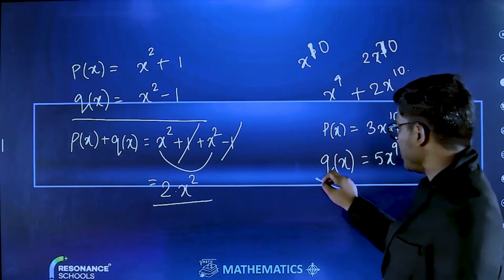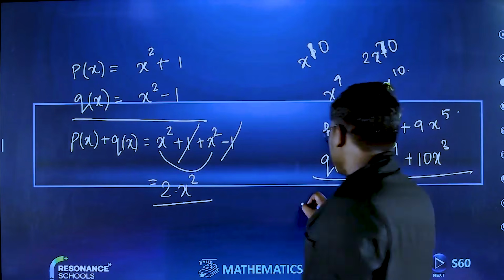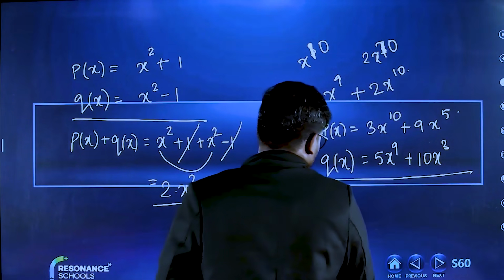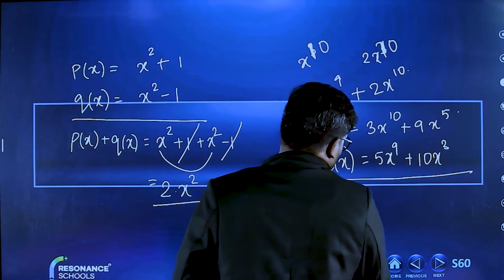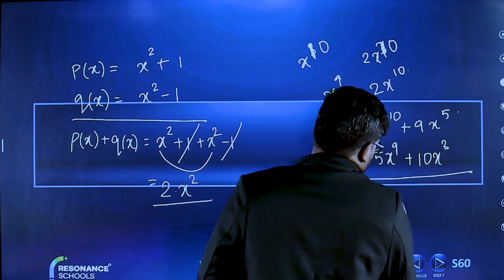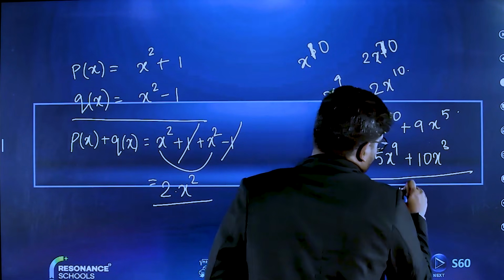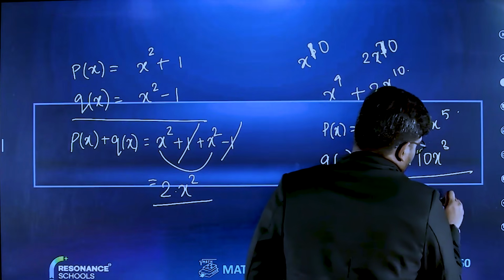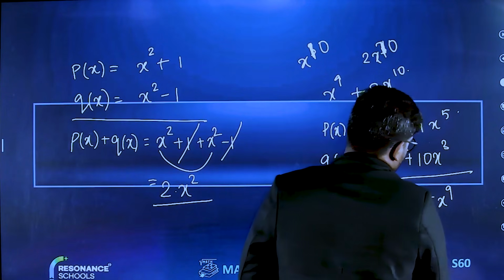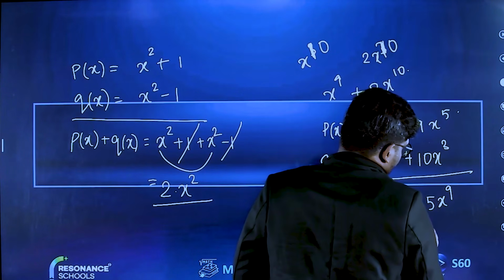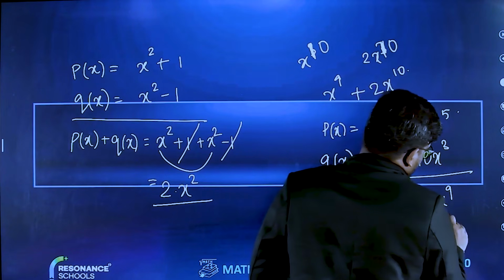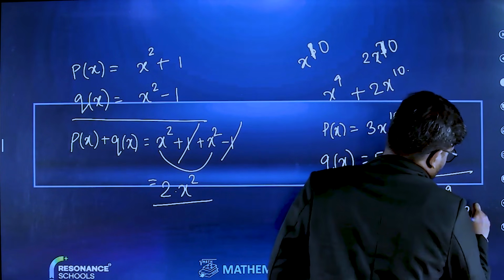If I add both of these polynomials, they will stay in the same manner. P of x plus q of x will be 3 into x power 10 plus 5 into x power 9 plus 9 into x power 5 plus 10 into x power 3.